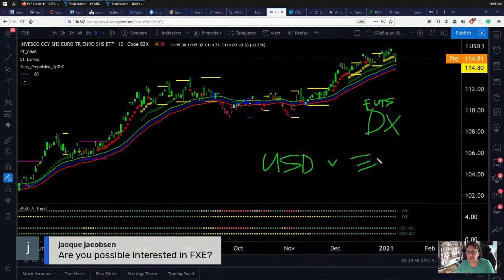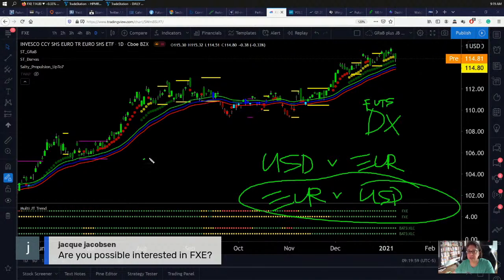USD versus euro, or more specifically, it's euro versus USD. Now, why is this the way to phrase it? Because this is directionally sympathetic to the euro, this is the first currency or the base currency. This is the second currency. Now, what's the difference? Well, again, directionally, this is going to move with the bullishness of the euro.